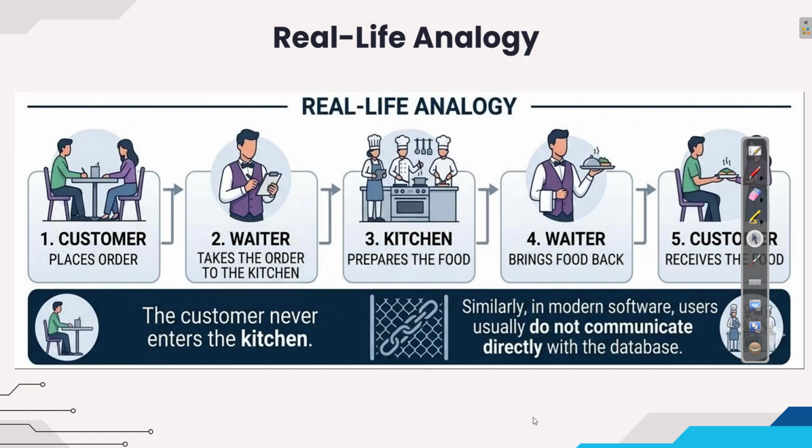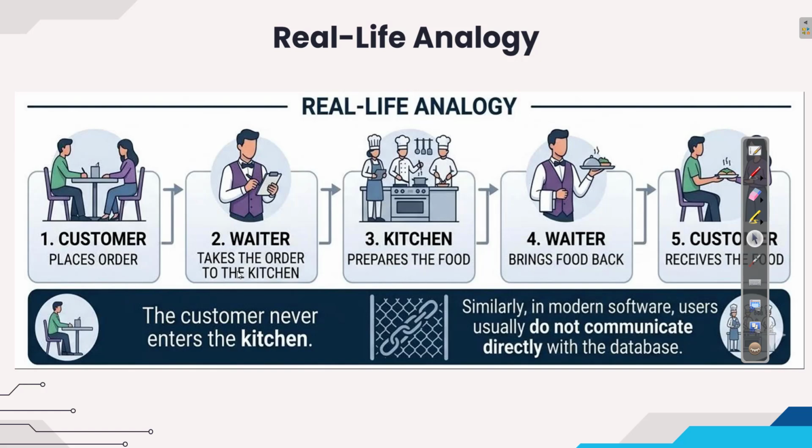Okay, let's see the real life analogy. For example, if you or any customer go to the restaurant, the waiter takes the order from you and hands over the order to the kitchen, which prepares the food. When the food is prepared, the waiter brings the food back to the customer. So in this scenario, you have seen the customer never directly communicates with the kitchen.